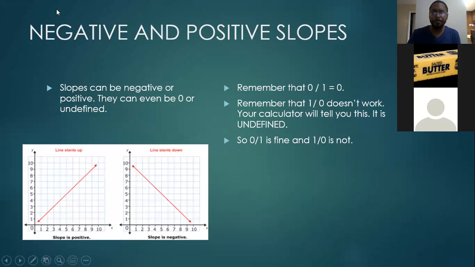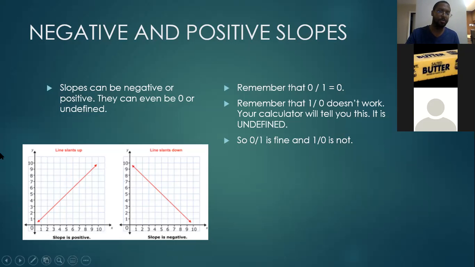Now, slopes can be negative or positive. They can even be 0 or undefined. The way you know if a slope is negative or positive is you follow it from left to right. It's always from left to right.